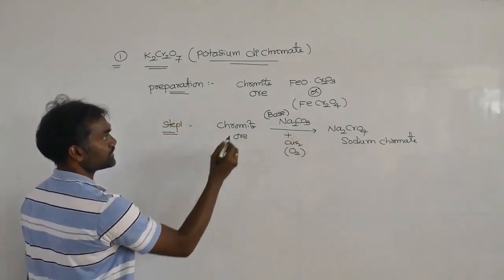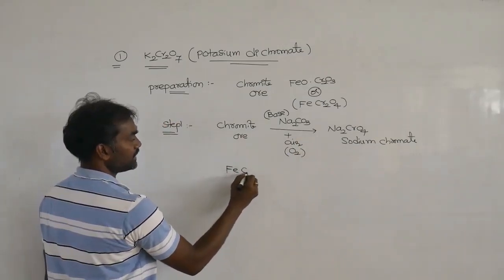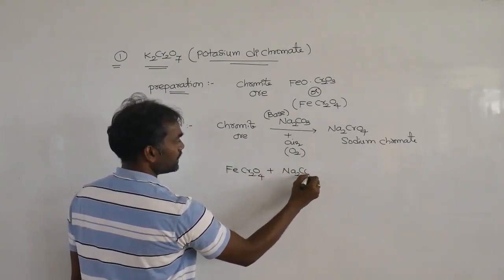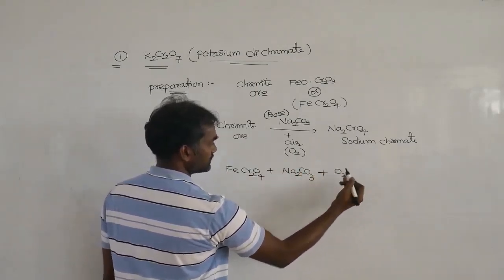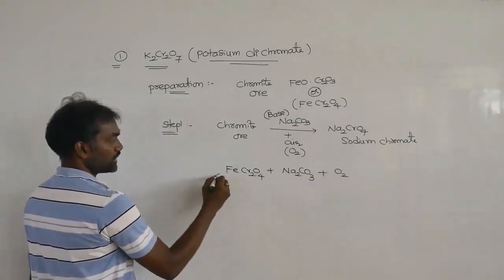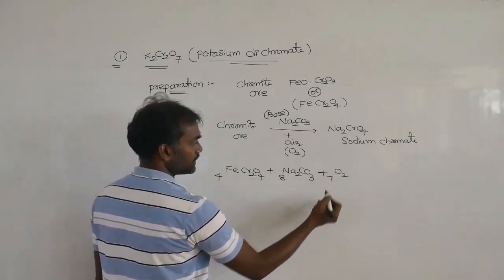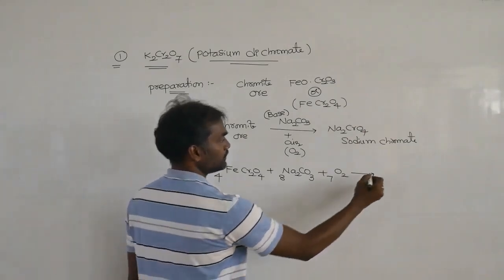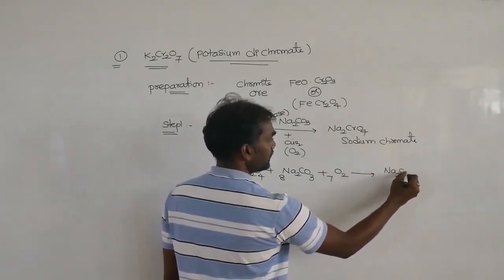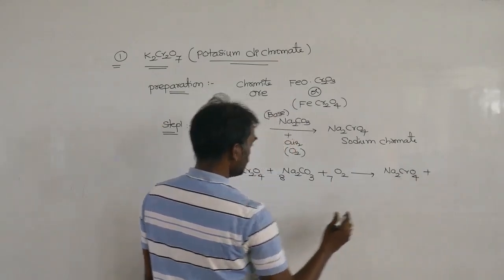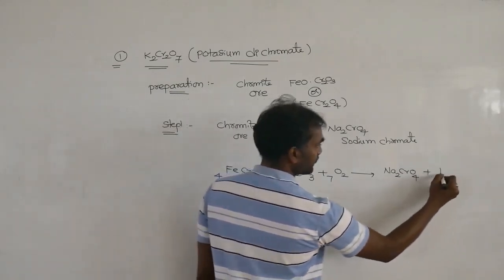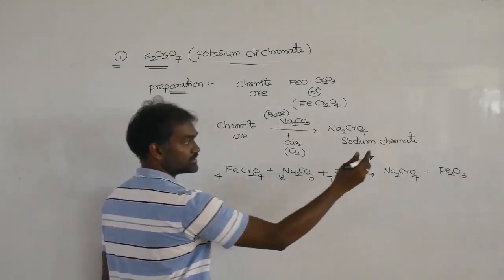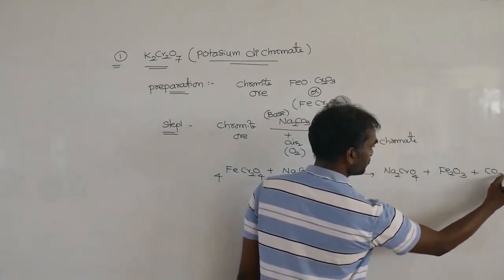For balancing purposes, the equation is 4FeCr2O4 plus 8Na2CO3 plus 7O2. In practice you will get that. Here you are getting 8Na2CrO4. Iron becomes 2Fe2O3. Next, in this carbonate, CO2 is coming outside.